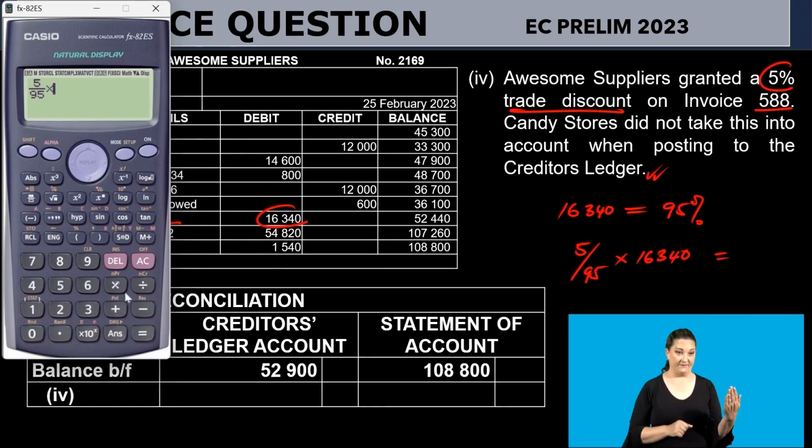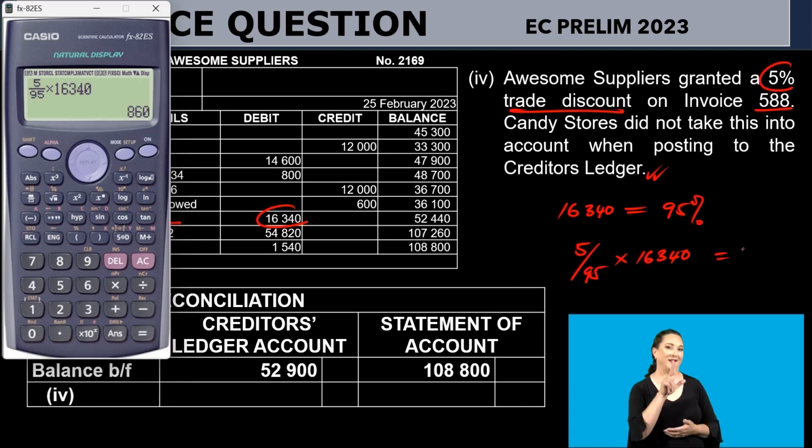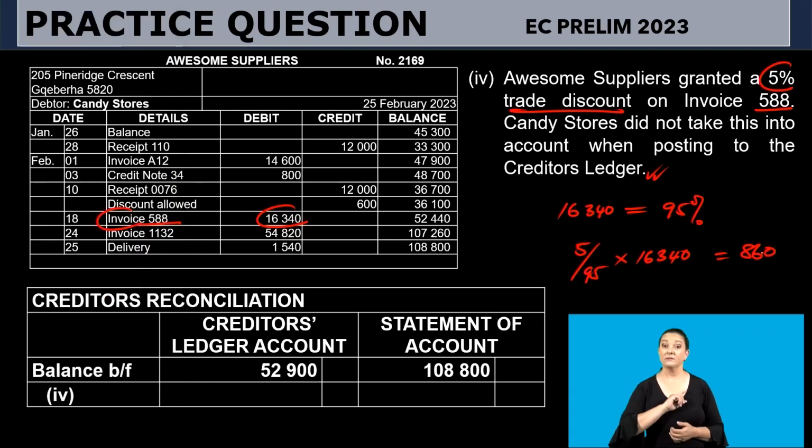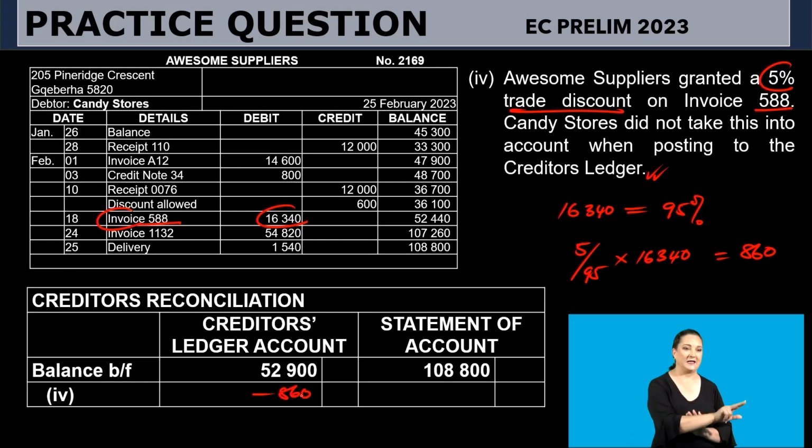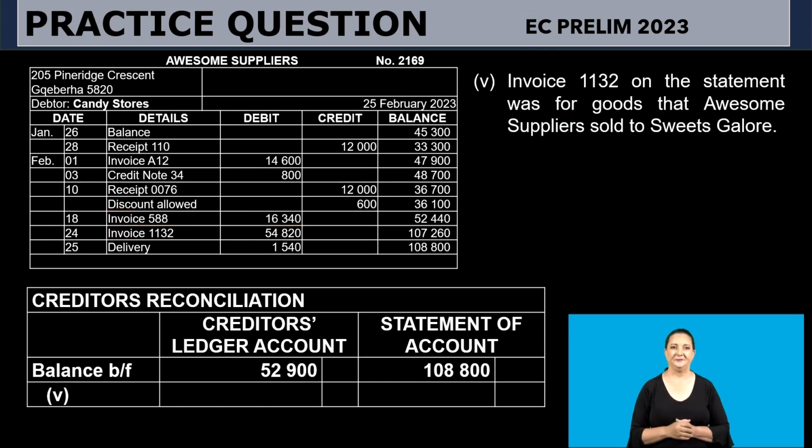And I multiply that by 16,340. That would then give me 860. So the trade discount that we did not record is the 860. So I'm going to come and say minus 860. Are we good? Okay, let's go on quickly now to the next one, which is number 5.